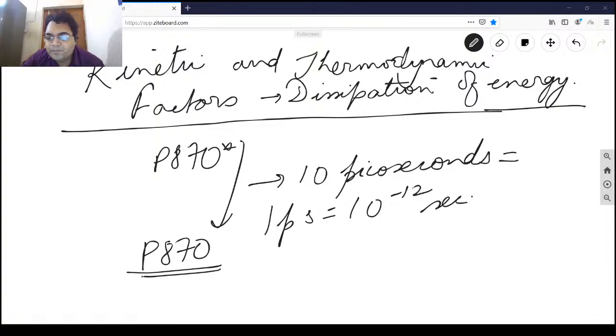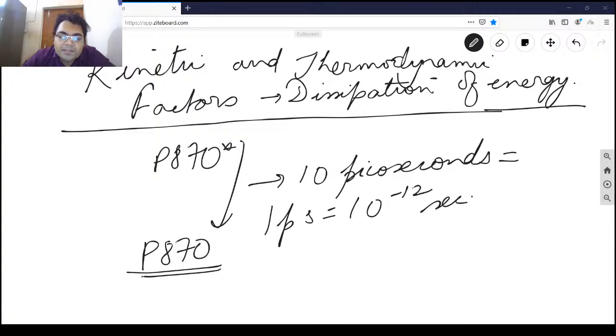But still, the reaction centers are constructed in such a way, I had explained to you the fundamental concept of FRET, that they are 10 nanometers or less apart only, that this 10 picosecond decay is maximally prevented.